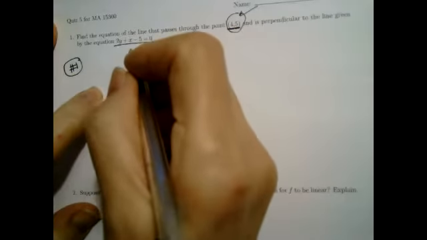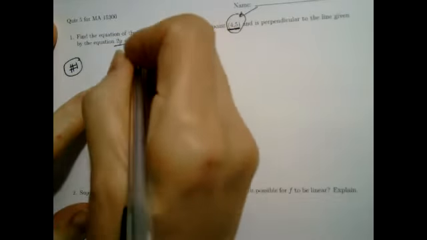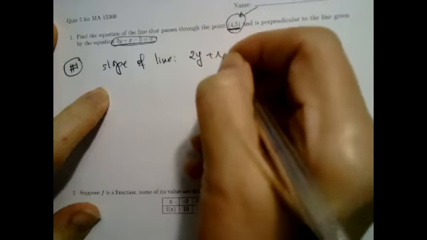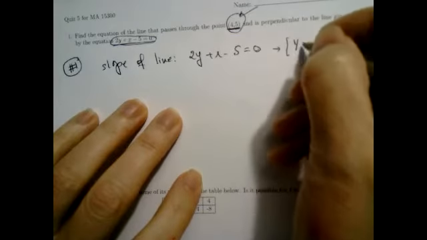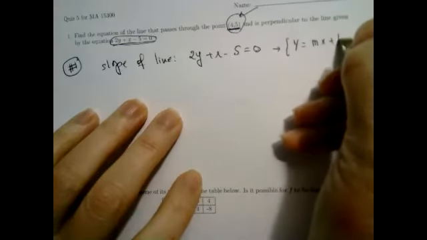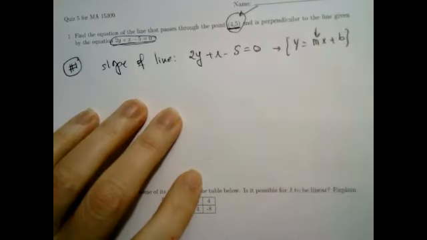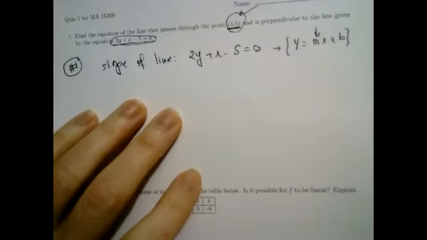First, to find the equation of any line, I need the point, which I have. I need the slope, which I don't have exactly. So first, we're going to find the slope of the line 2y plus x minus 5 equal to 0. To do that, we rewrite it in the form y equals mx plus b, and what x is multiplied by will be my slope.